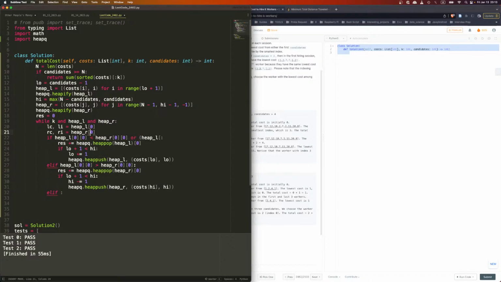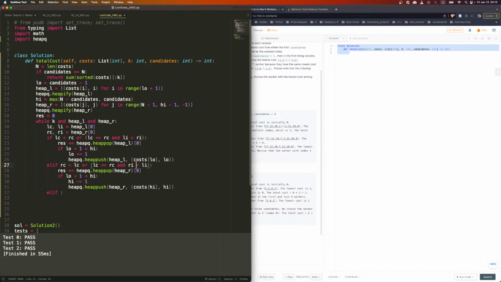So we say if left cost is smaller than right cost, or left cost is equal to right cost, and left index is smaller than right index, then we do this. If right cost is smaller than left cost, or these two are the same and right index is smaller than left index.